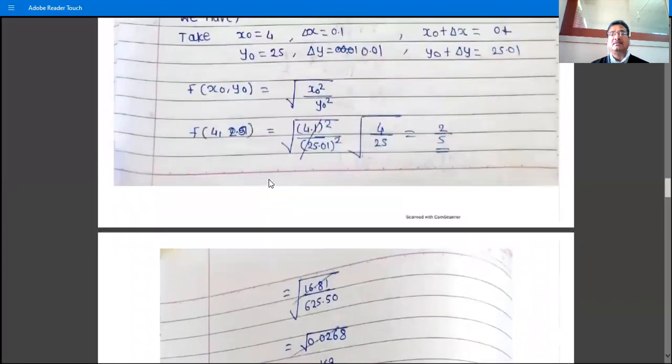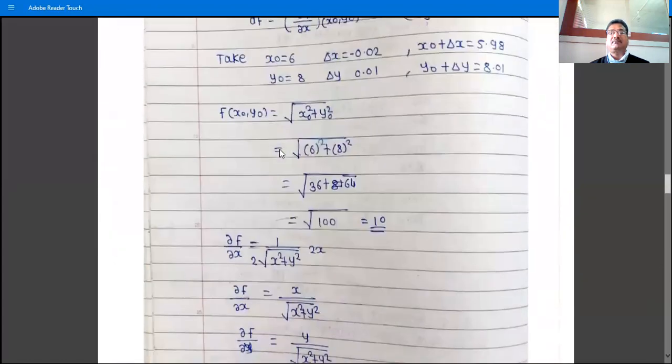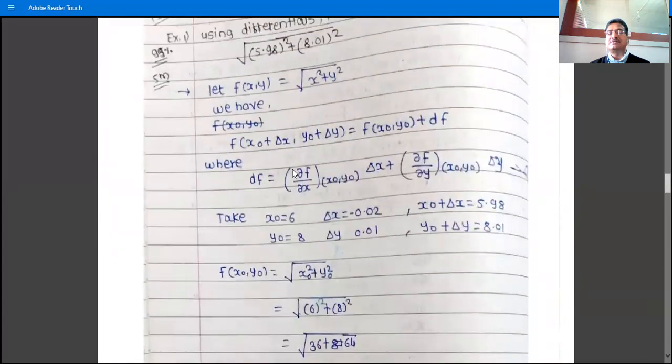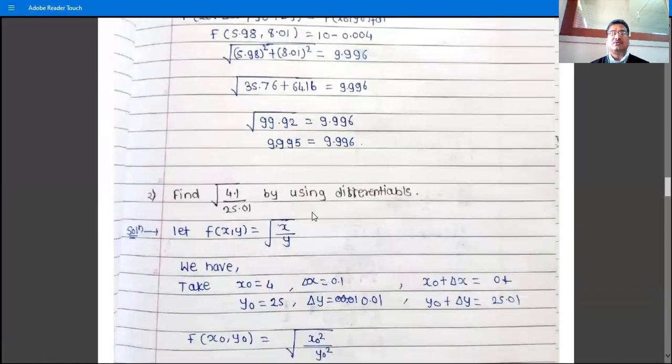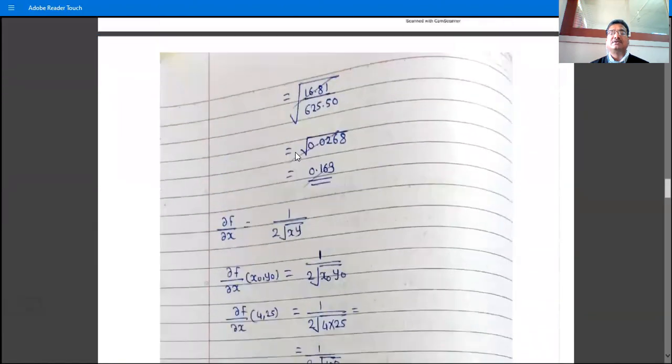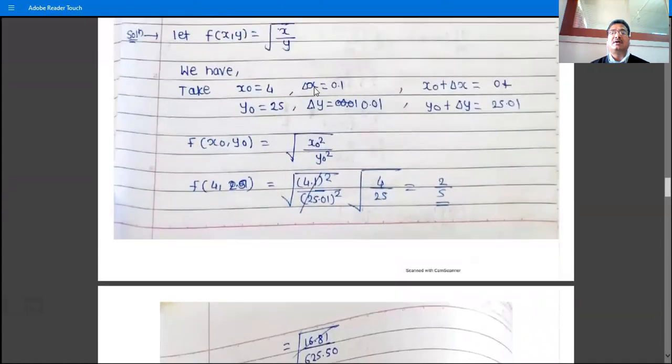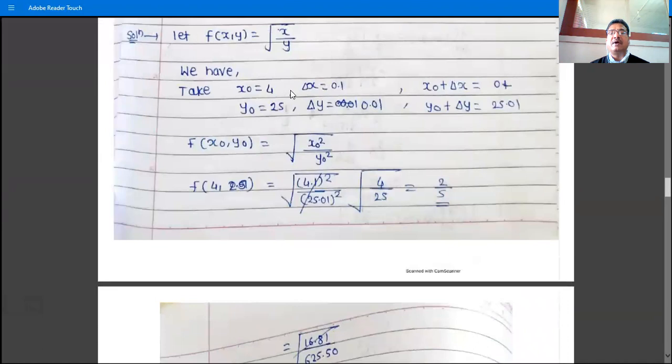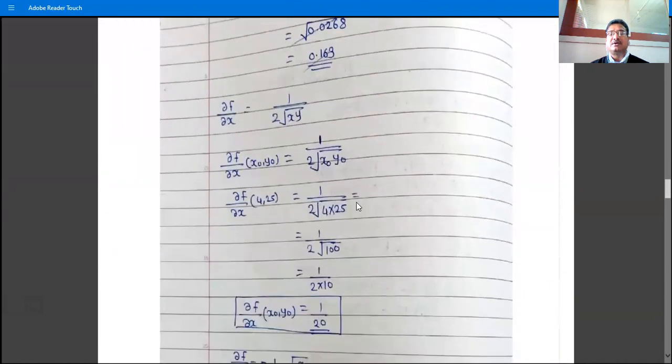And then find df. So the formula for df is this. First find del f by del x, then its value at x naught, y naught, and del f by del y, its value at x naught, y naught. So what is del f by del x? The function is root x by root y. So the derivative with respect to x means 1 by root y is constant, right? First 1 by root y.